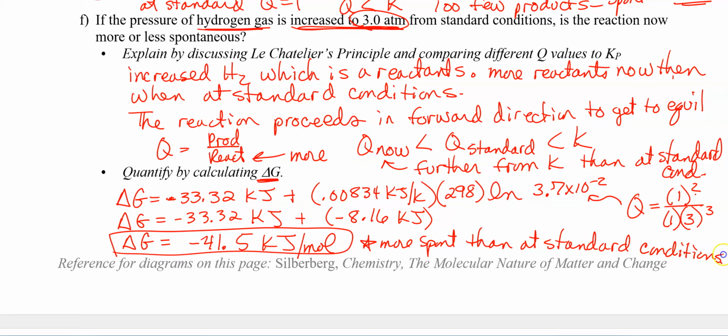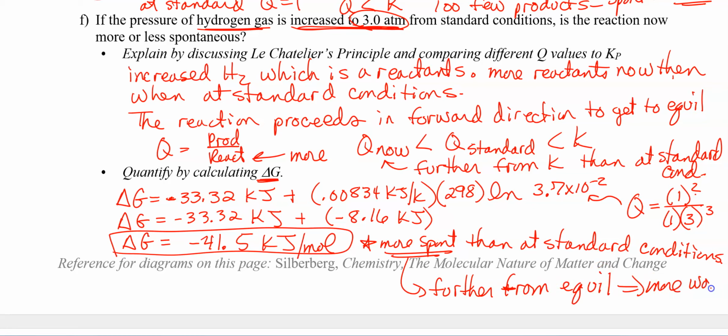So what that means is more spontaneous, you're further from equilibrium. More work can be done by the reaction, right? So you're further from that equilibrium position. And that makes sense because we had more reactants, so we were further from equilibrium.